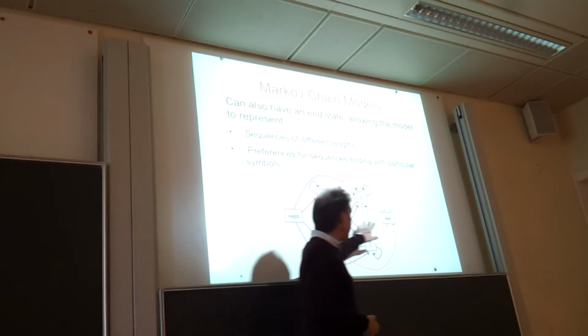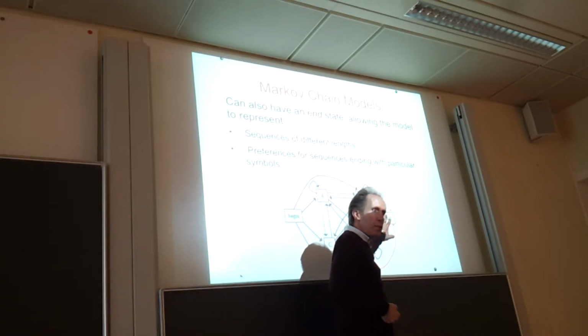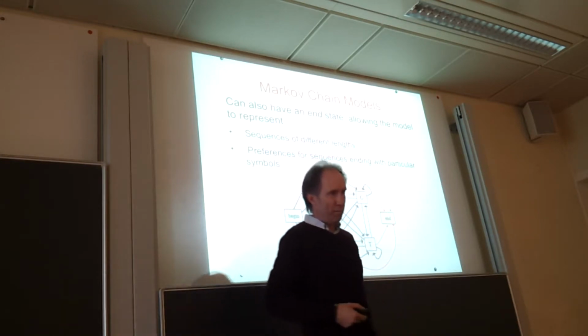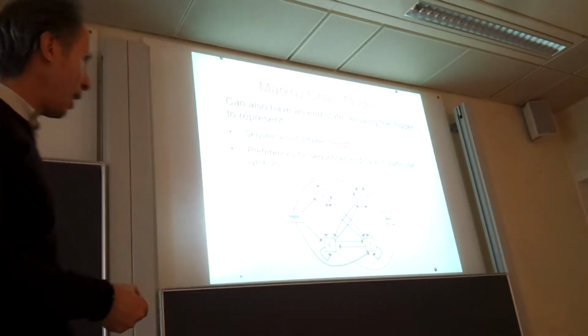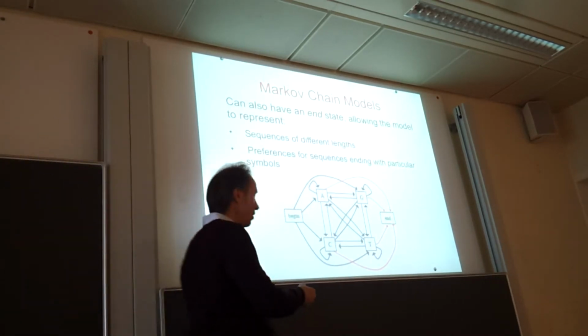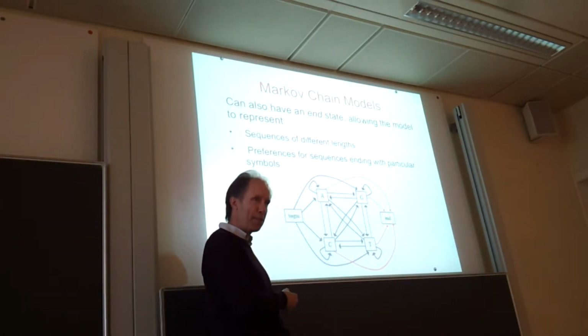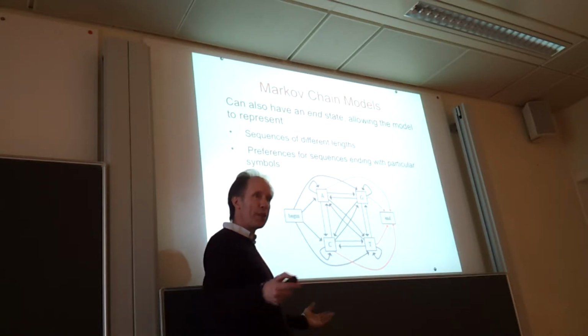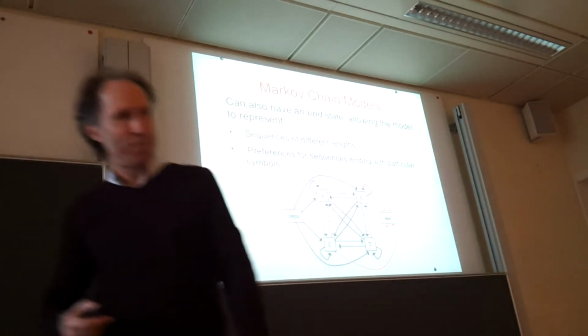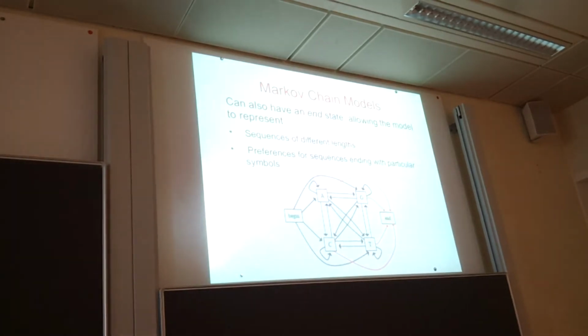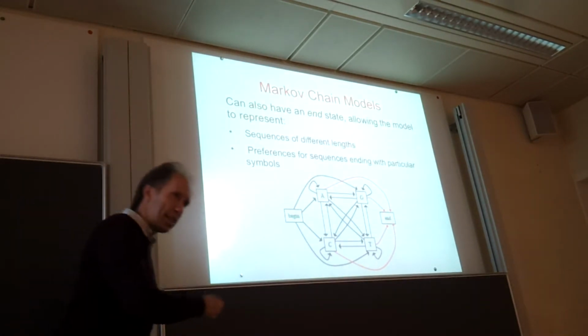If there would not have been an end state, how can you demand that the sequence would end with a T? You cannot. Can you now? Of course you can. How would you now encode that the last letter in the sequence must be a T? This probability goes to 1, and the other orange ones go to 0. You've done that. So you get more expressivity when you have begin and end states.